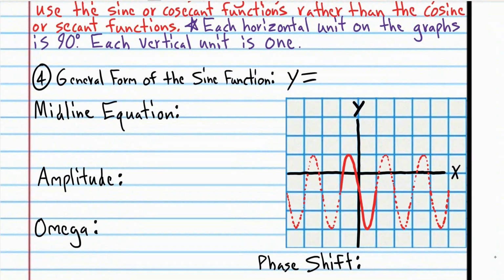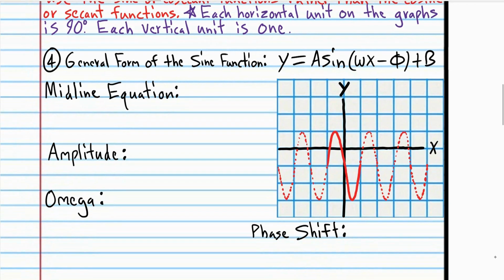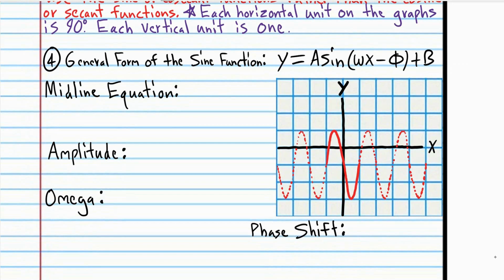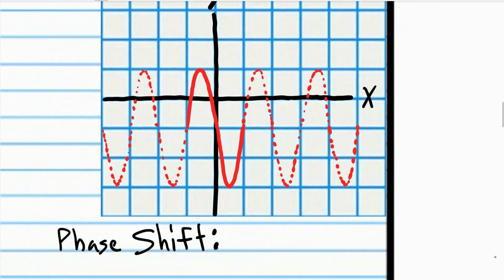So let's write the general form of that equation. y is equal to a times sine of omega x minus phi, plus b. Now the midline equation is the equation of the line that's right in the middle of the graph. So where's the middle of the graph?